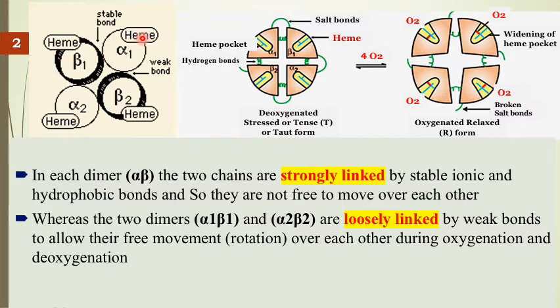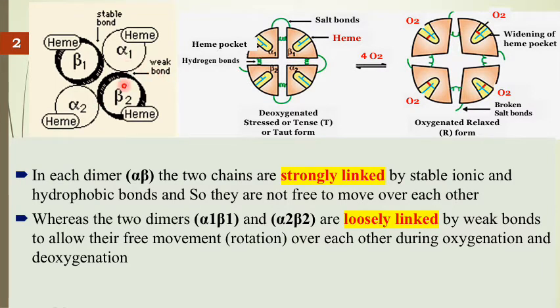Imagine the first dimer like a ruler or a pen. The second dimer, alpha 2 and beta 2, is also linked together by a very strong, stable bond because there are a large number of chemical bonds. So they are tightly linked and cannot move over each other. There is no free movement. But the first dimer is attached to the second dimer by weak bonds. Why are they weak?